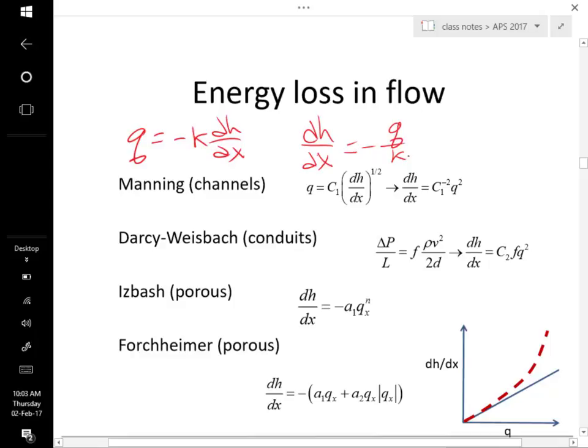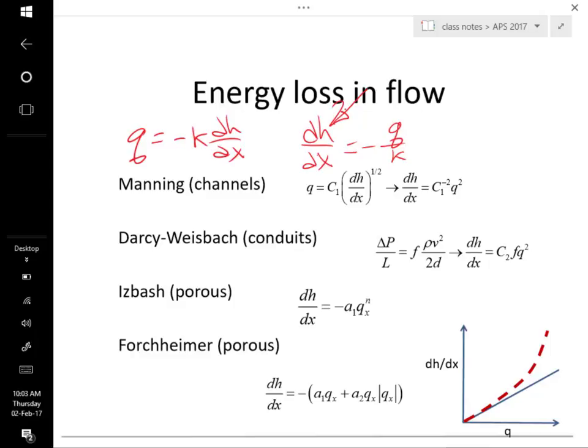Okay, and so the energy in a flow, the hydraulic head is the energy density. That's how hydraulic head is defined. So the hydraulic head gradient that we have here from Darcy's law, that's how the energy is decreasing, or how the energy is changing along the length of the flow.